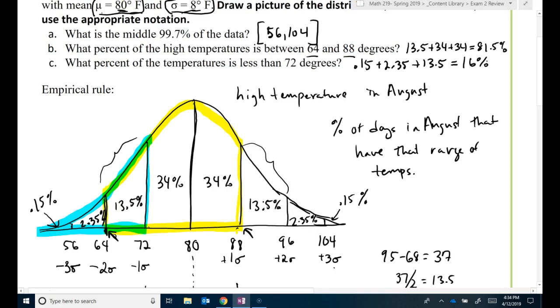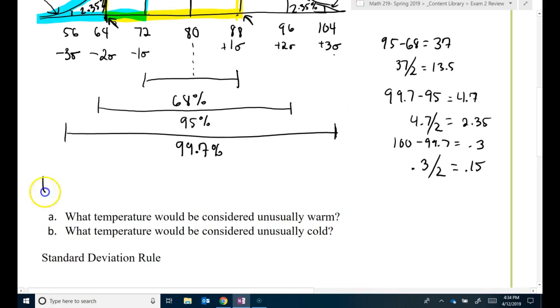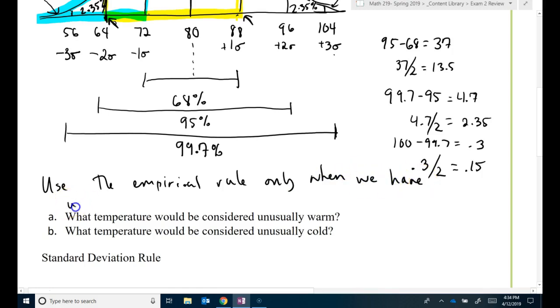There it is. And that's how you use the empirical rule. You use the empirical rule only when we have whole numbers of standard deviations. In just a second, we're going to see what we do when we don't have whole numbers.